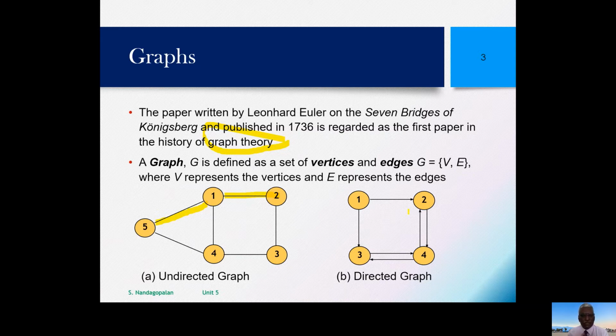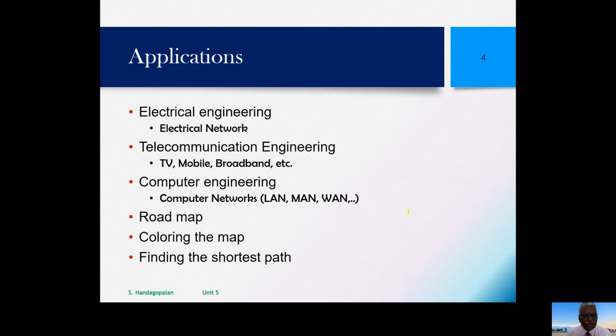Well, so these are two major types of graphs which we talk about, that is undirected and directed graphs. Rest. So these are some of the applications which people use in several fields, like in electrical engineering, where we talk about electrical networks.